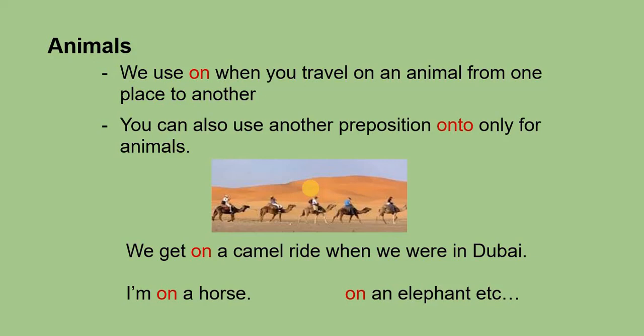So what would you say when you are on an animal? You are gonna use a preposition on. So I'm on a horse. I'm on a camel. We got on a camel ride when we were in Dubai. I'm on an elephant. Okay? So you can also use another preposition onto only for animals, not for other vehicles.